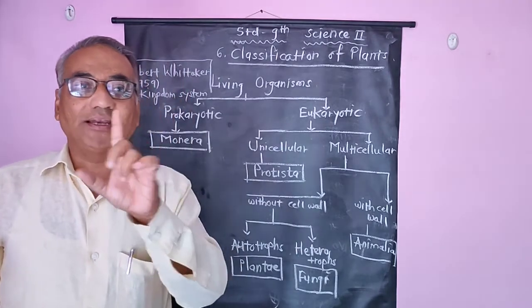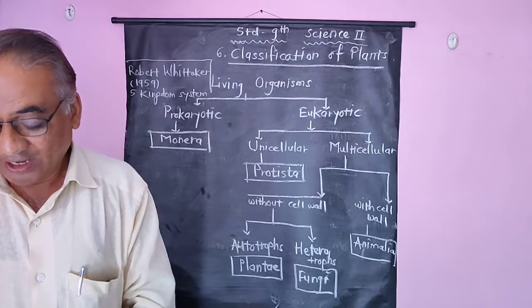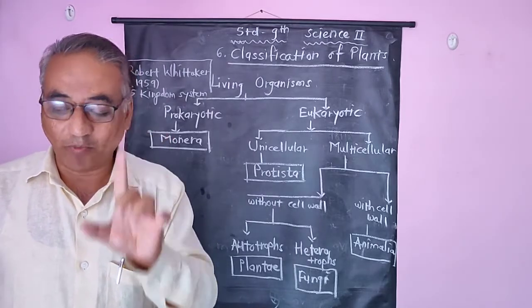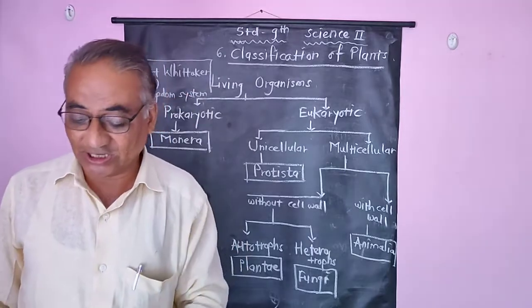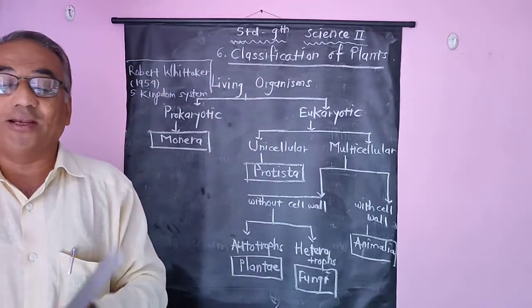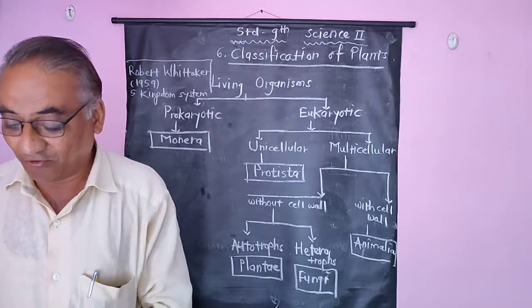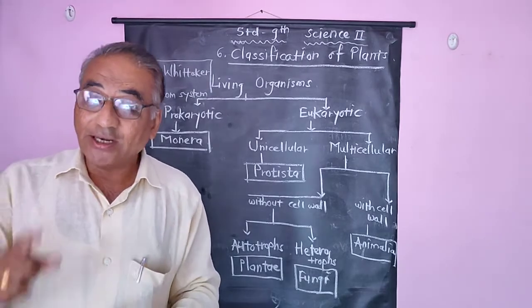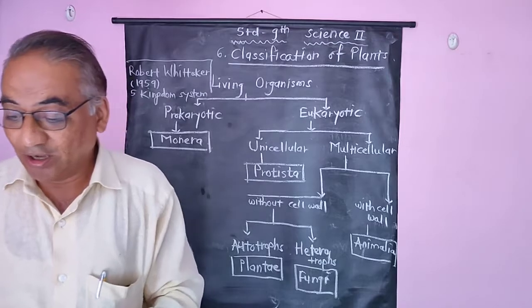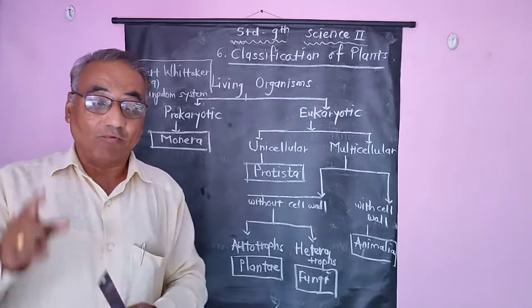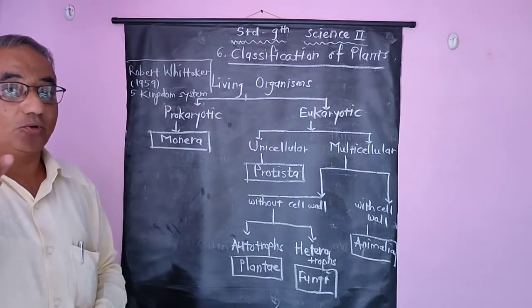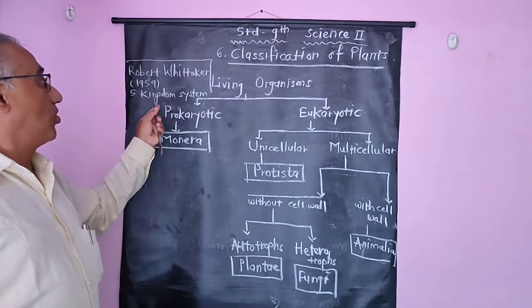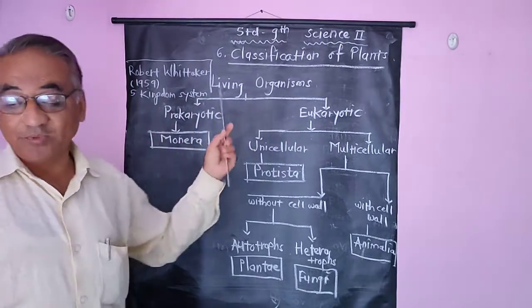I think you can easily remember: the chloroplast. The chloroplast is the special cell organelle found in plants. They are not found in animals, and this differentiates the animal cell from the plant cell, right? What is the name of that special organelle? Chloroplast, right? This is all about Robert Whittaker's five kingdom system.